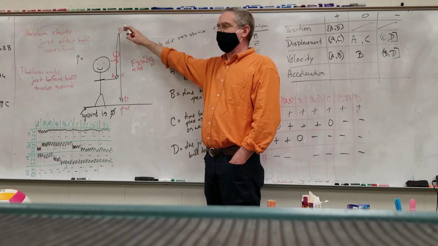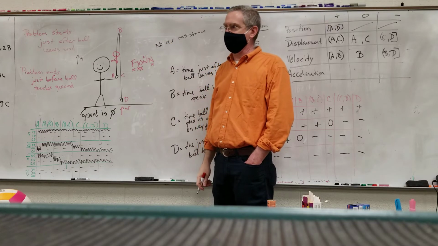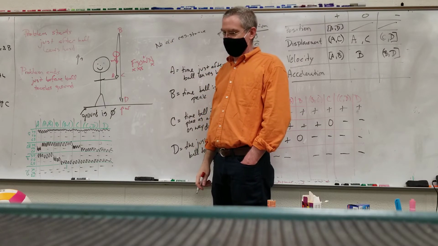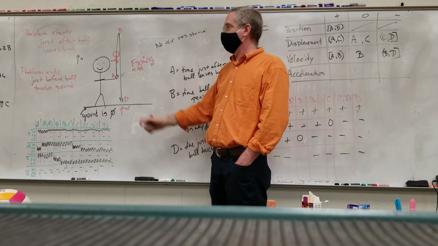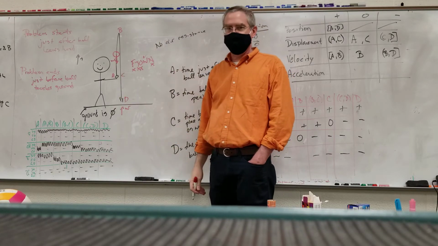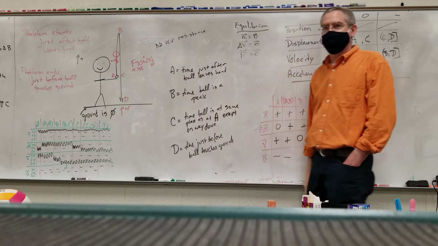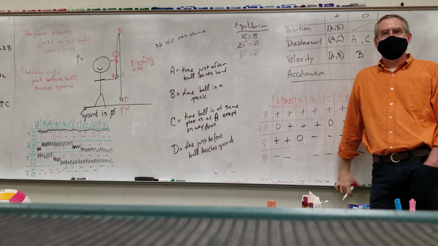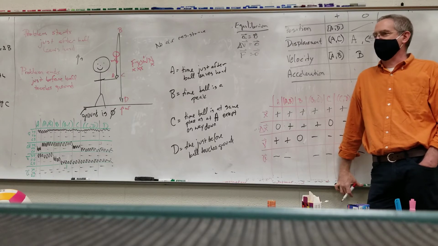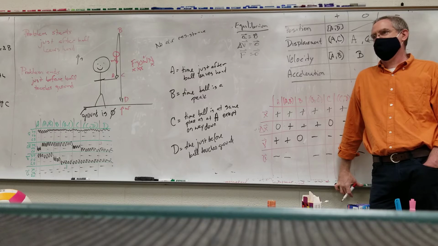When the ball is at the peak, how does the force diagram change? Or at what point does the force diagram change? Will it change at B because it's changing directions? So how would the force diagram change at B?